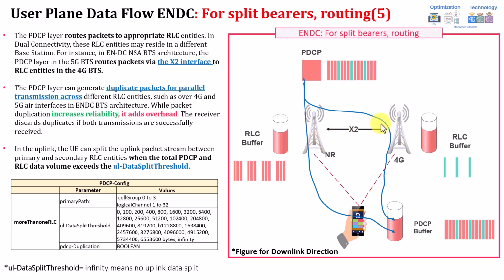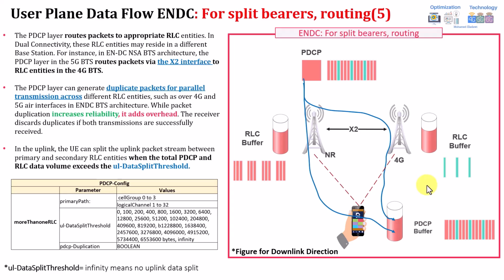And also assume that the X2 itself has high delay. This extra delay can delay the green packets. This means at the receiver side, assume the sequence numbers 1, 2, 3, 4. The receiver will receive the red ones, which are 1, 2, 3. It will not receive 4, but it will receive 5. So the receiver will hold the data because of this reordering until it has the complete sequence.